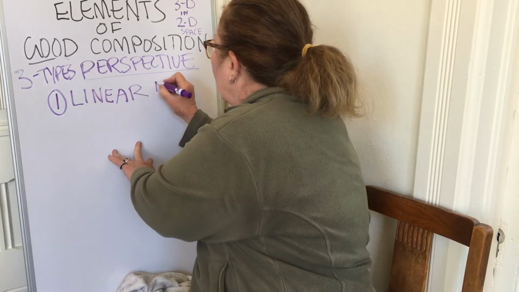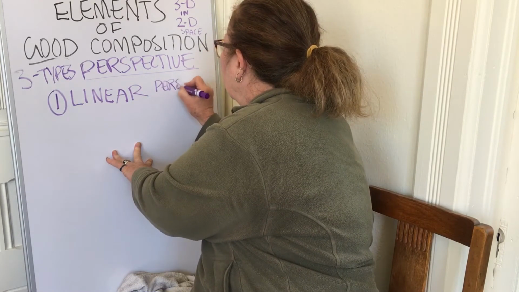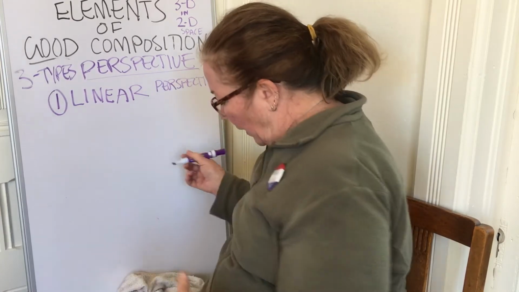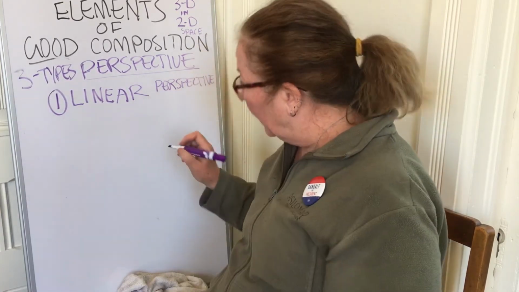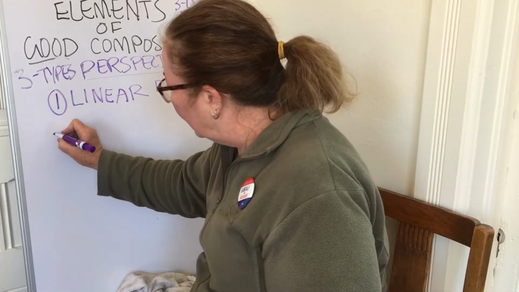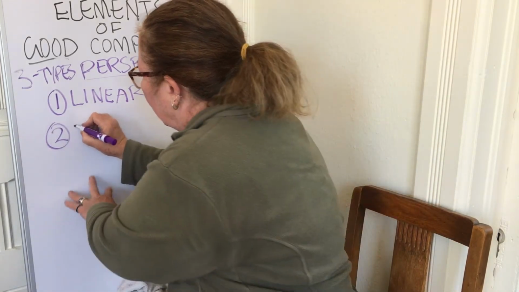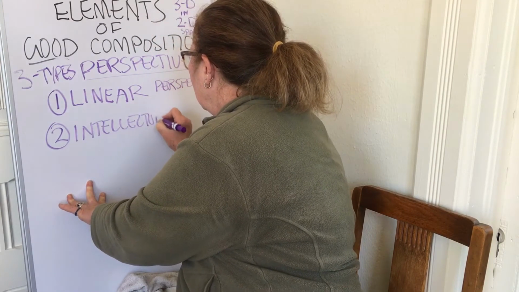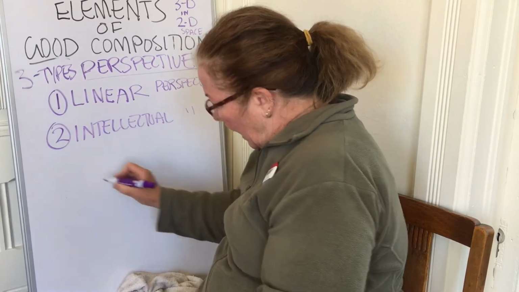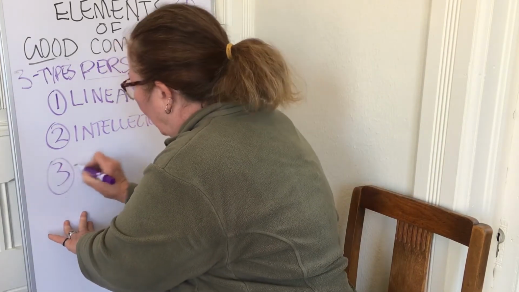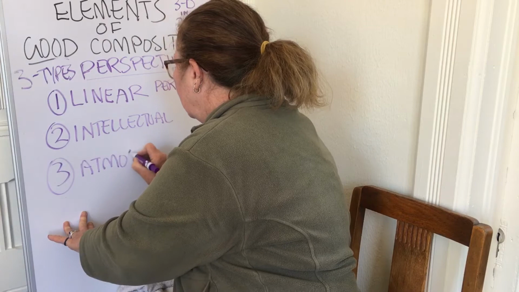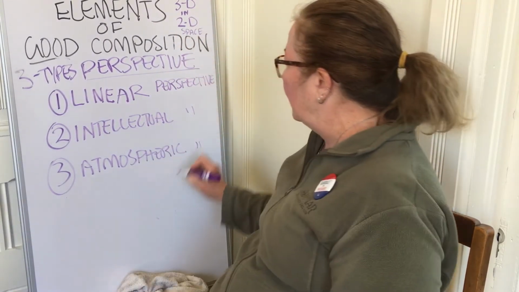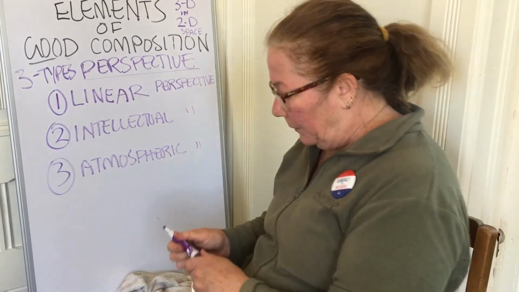So linear perspective is, and I'll show them to you, but first we'll start off with linear perspective, and then the second one is called intellectual perspective. Right? And the third one is called atmospheric perspective. So we'll start off with linear perspective, okay?